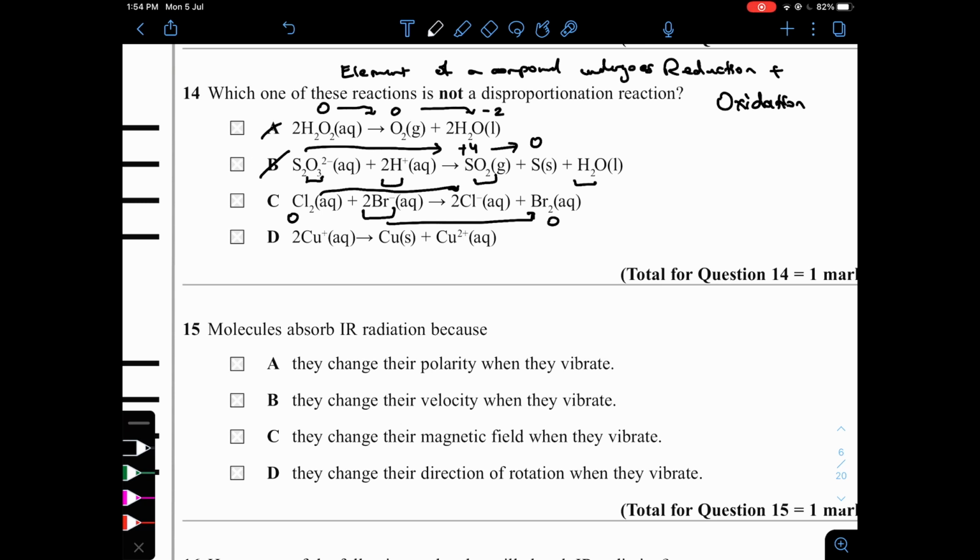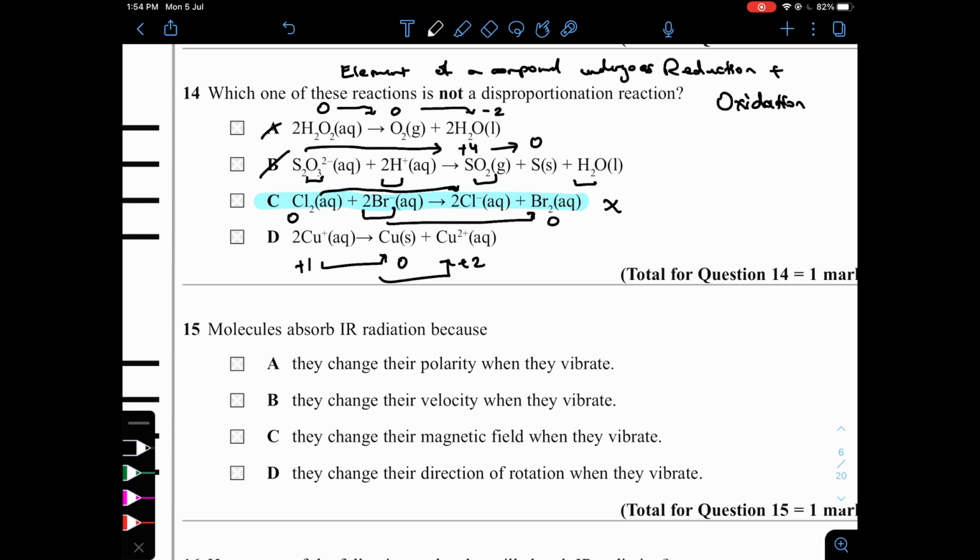So this is not a disproportionation reaction. So C should be the correct answer. Now let's look at D anyways. D, you can see that it goes from +1 to 0 and +2. So this is a disproportionation reaction.